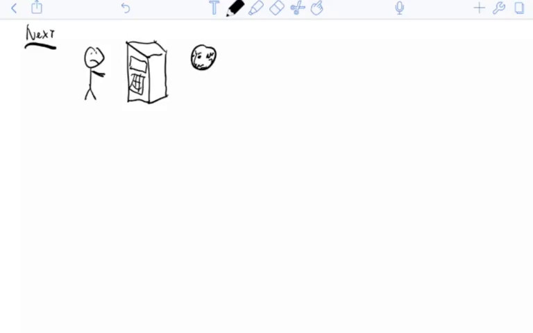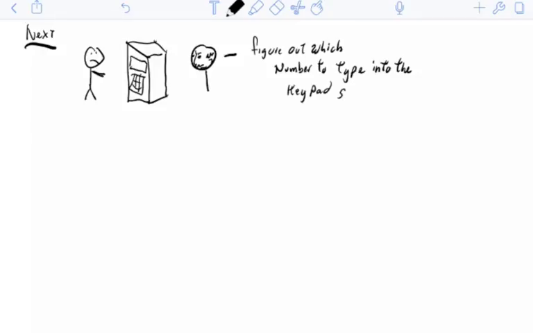Bosses are always angry. And the boss says, figure out which number to type into the keypad so that the output is 4.